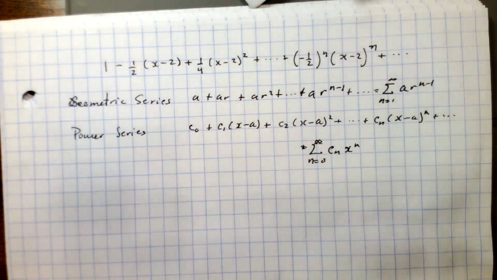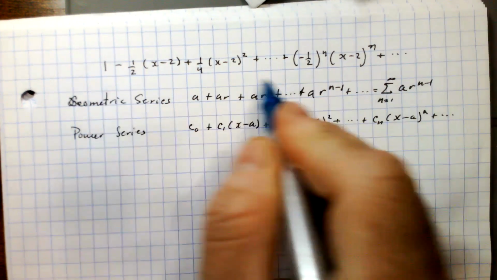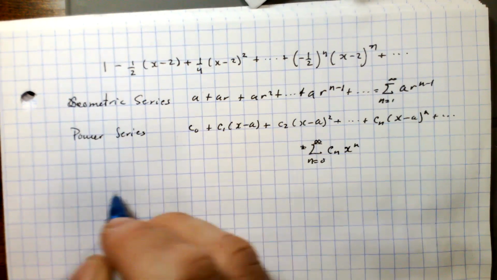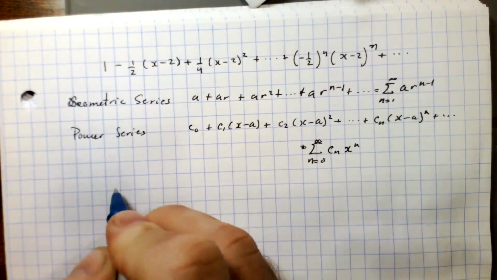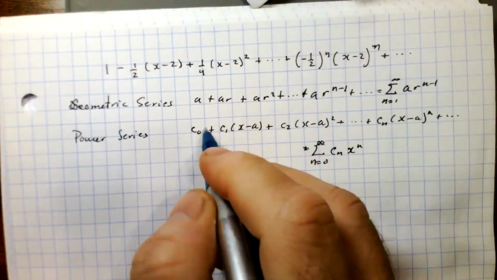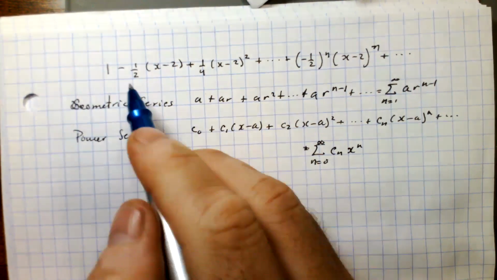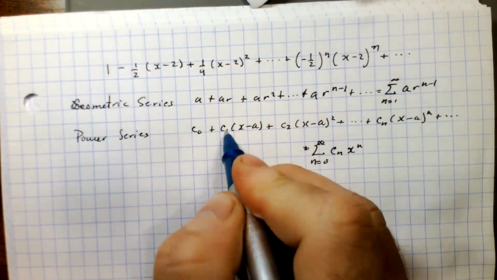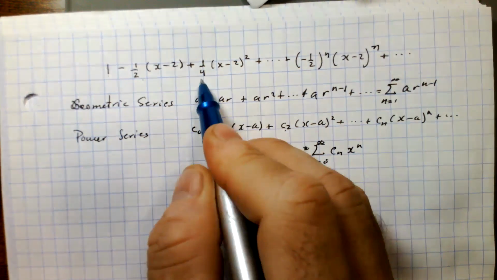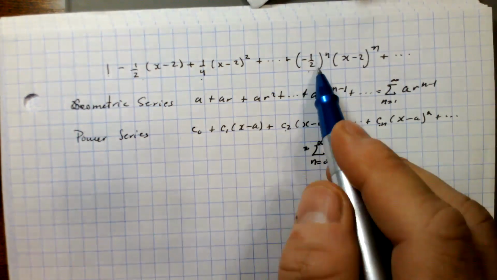Okay, so let's equate and look to see. What if we identify that c0 here is equal to 1, c1 is equal to negative 1/2, c2 is 1/4, and we can go out to cn being equal to (negative 1/2) to the nth power.